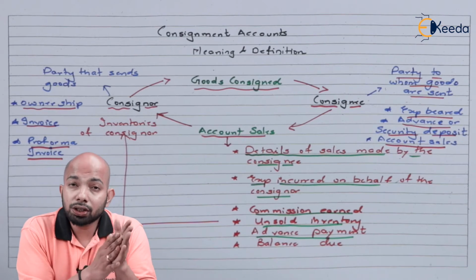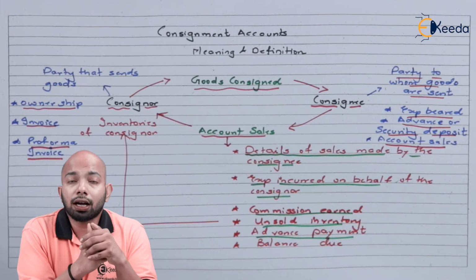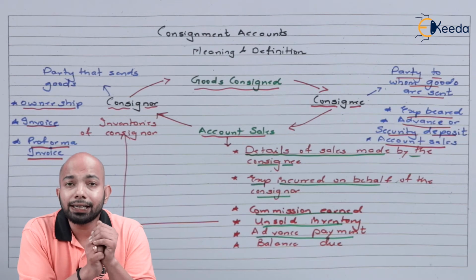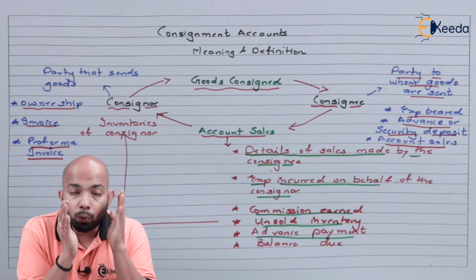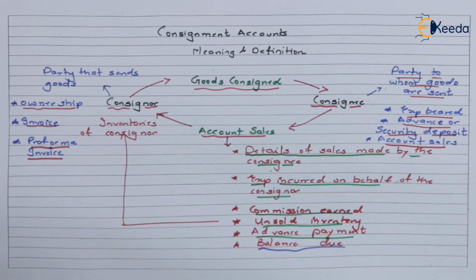The advance payment or security deposit amount which was sent by the consignor is also a part of this account sales, because this will give you a complete idea about where the company stands in terms of this consignment. And the last part refers to the balance due. That means whatever balance he is supposed to receive from the consignor, that is the amount mentioned here. So all these things are a part of account sales.